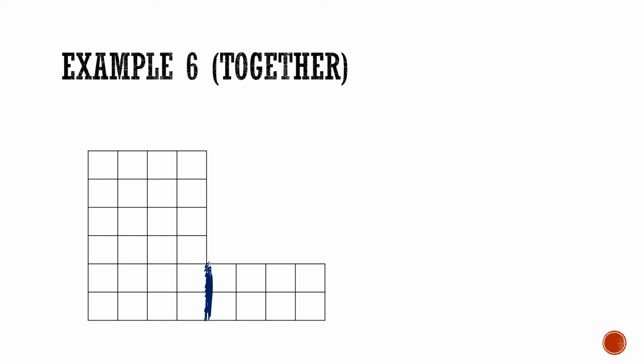This array is 1, 2, 3, 4, 5, 6 by 4. And then this array here is 2 by 4.